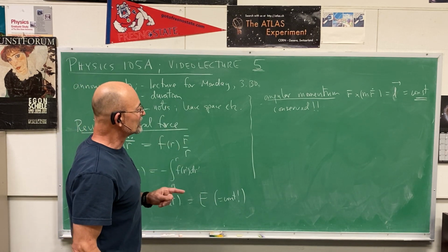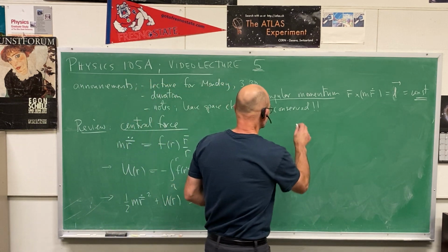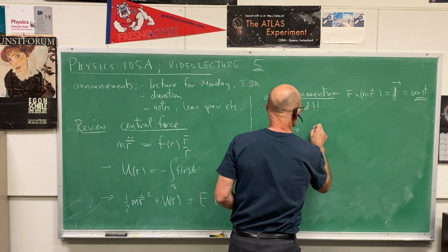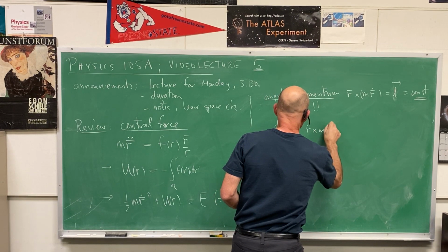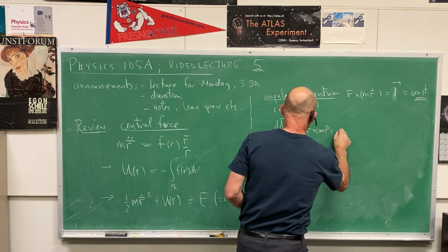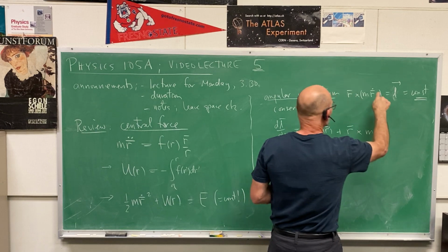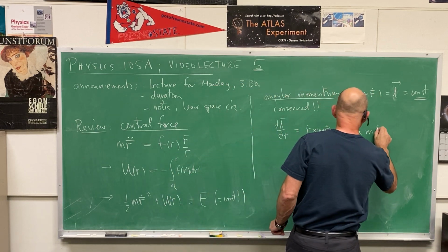The reason it's conserved, the proof is so short I can do it again. dL/dt is equal to r dot cross m r dot, plus r cross m r double dot, which is f of r.